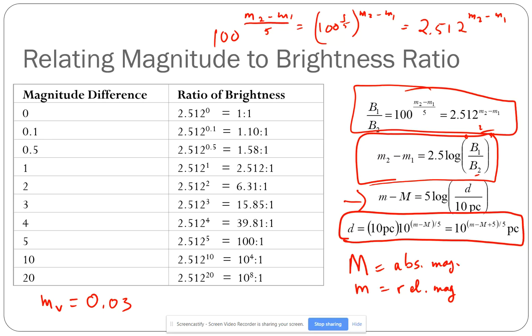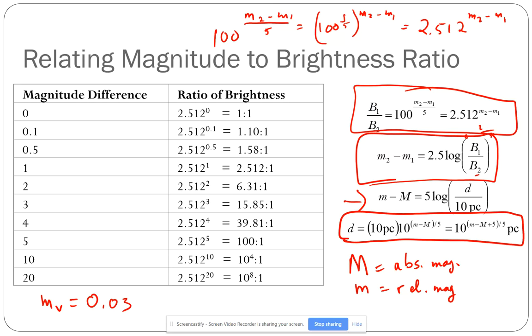Now let's do something fun. What is the apparent visual magnitude of the sun? First of all, before she looks it up, I trust Juliet so much. Is it going to be a big number or a small number? Small. Positive or negative? Positive.